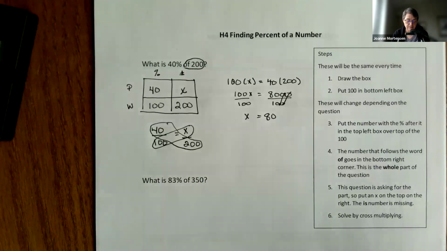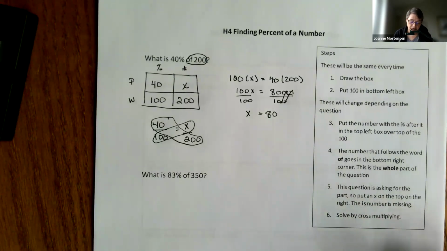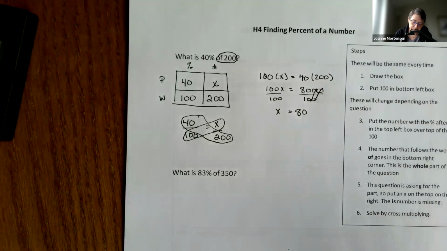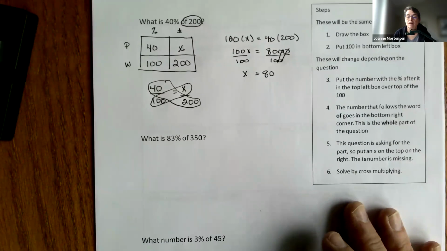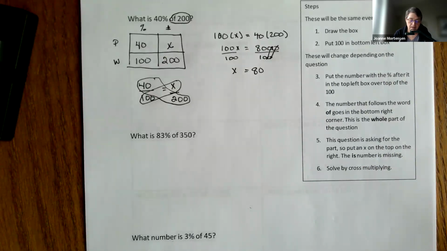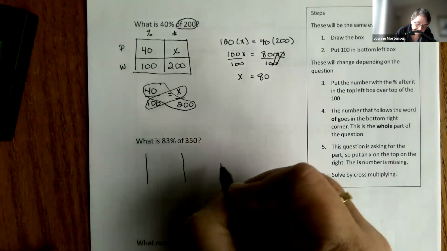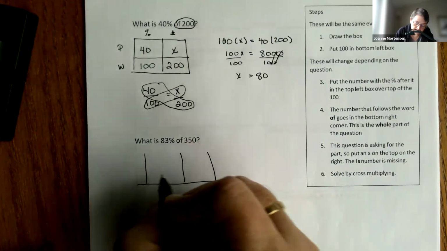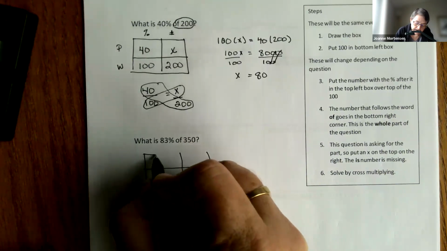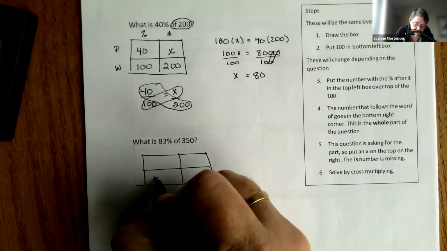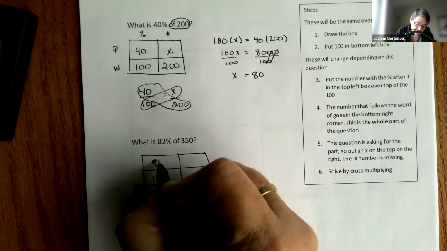All right, so what is 83% of 350? I think you should pause it and you should do it. 100 goes in the bottom, percent goes up here.